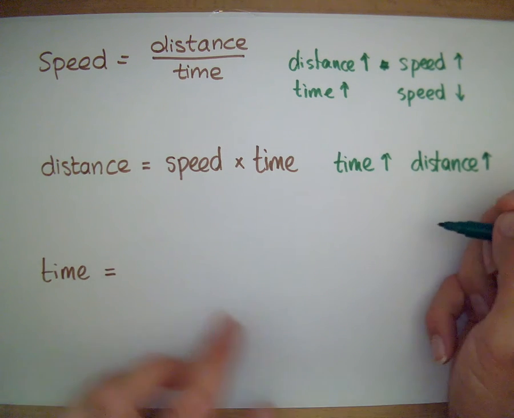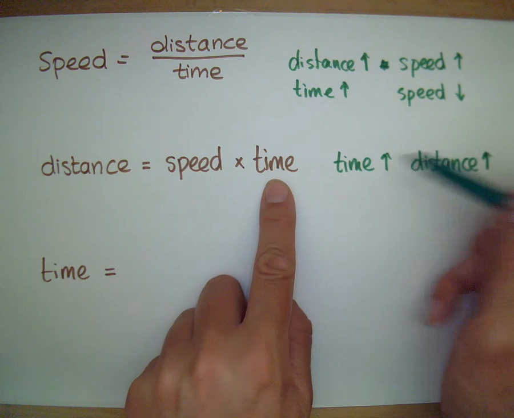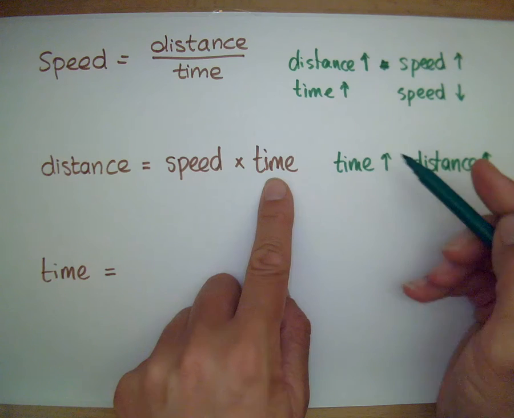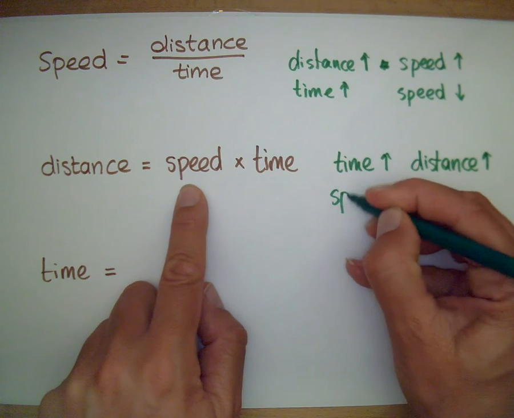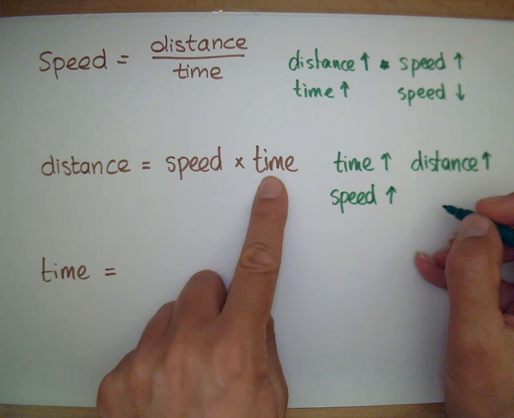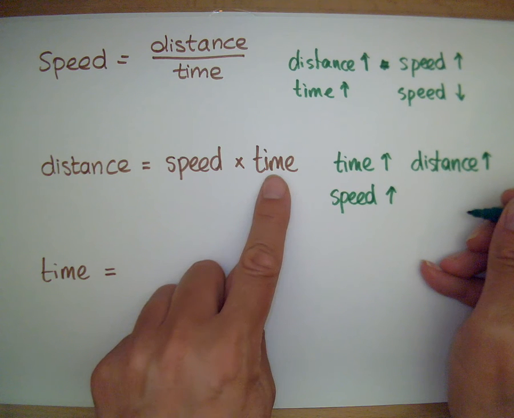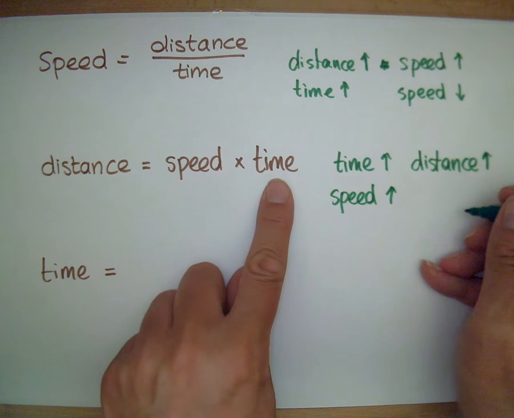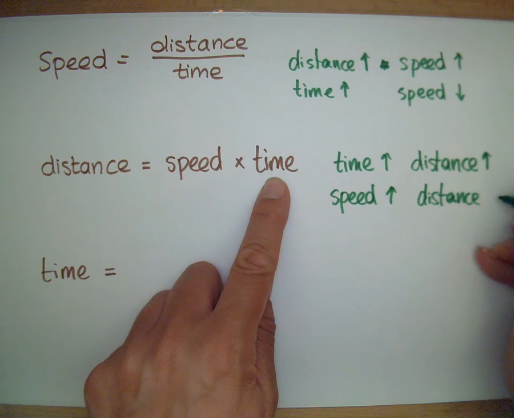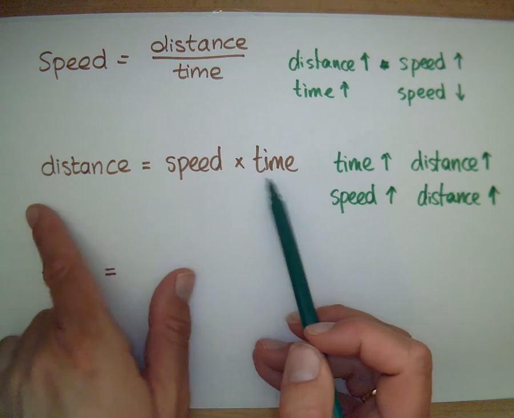That makes sense. Say time is a set given, like 1 hour. We're going to travel for 1 hour. If our speed is higher for that 1 hour, what does that do to our distance? What kind of effect does that have if we drive faster during that hour? Well, our distance obviously will also go up, which is what we can see in this formula.